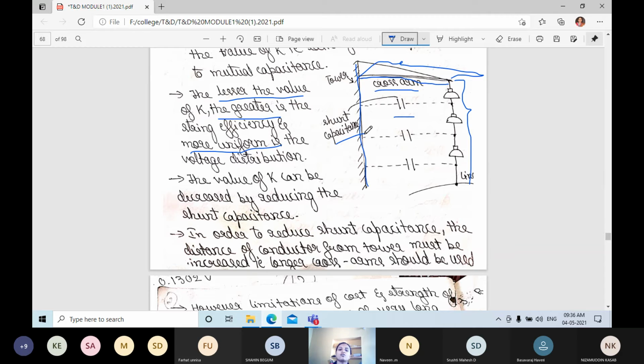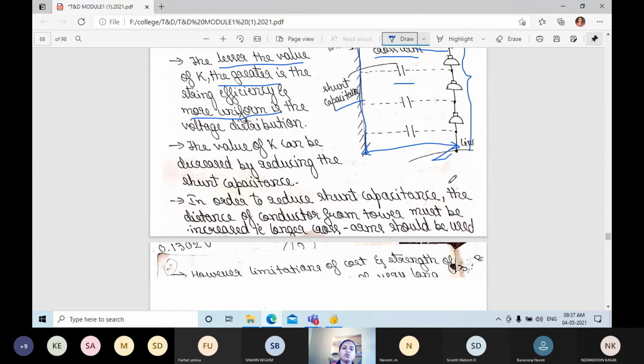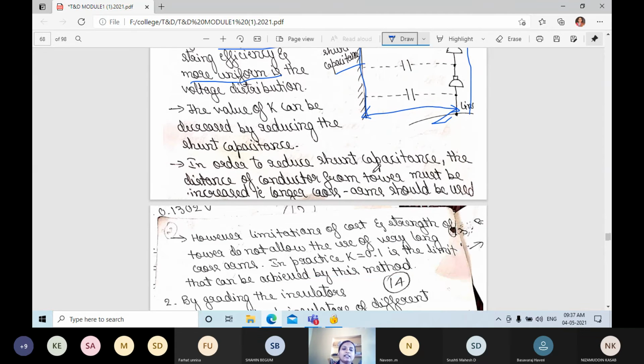In order to reduce shunt capacitance, the distance of the conductor from the tower should be increased by using a long cross arm. So in order to reduce shunt capacitance, the distance of conductor from tower must be increased. That is, a longer cross arm should be used.